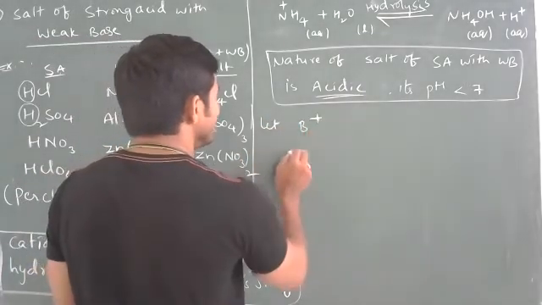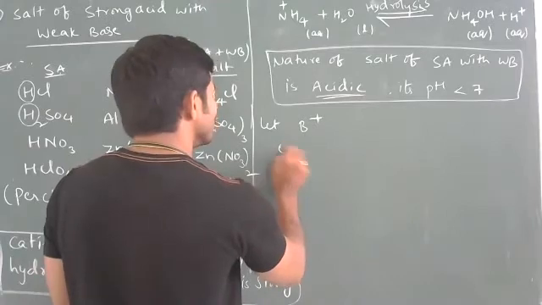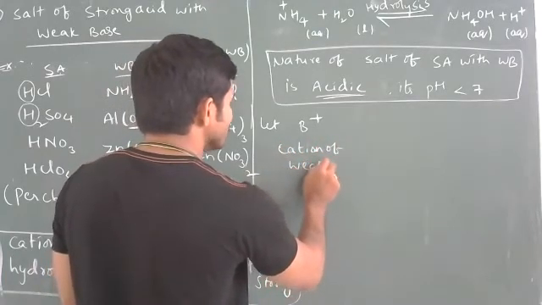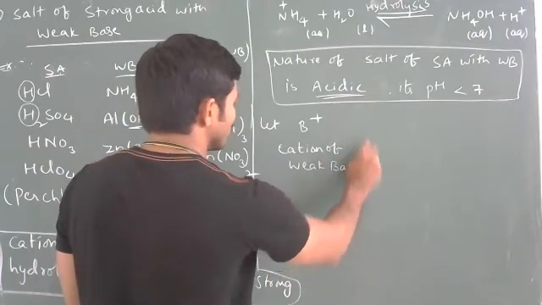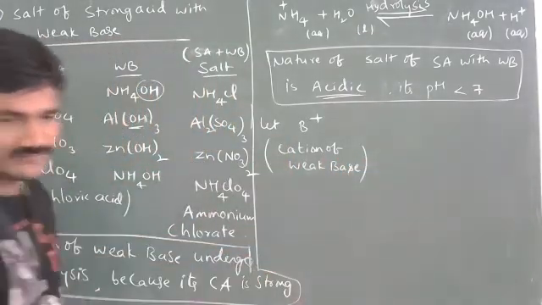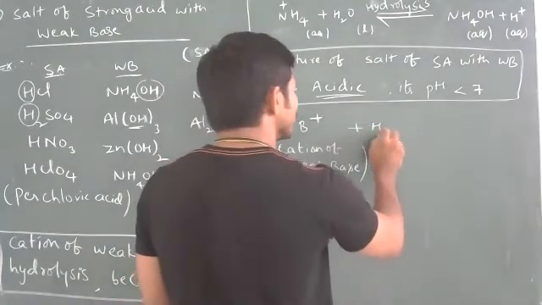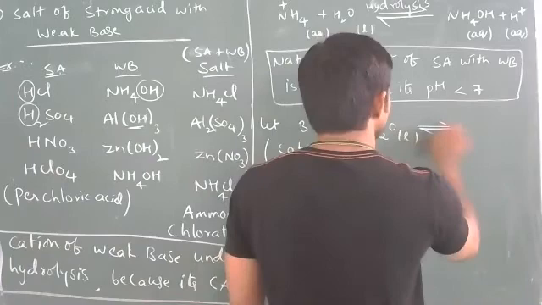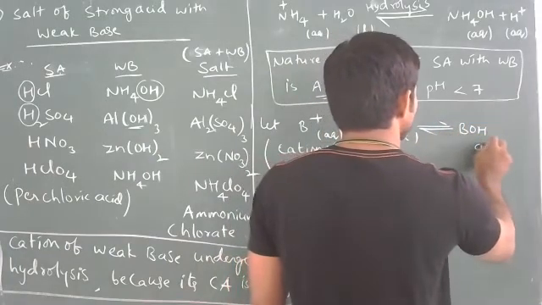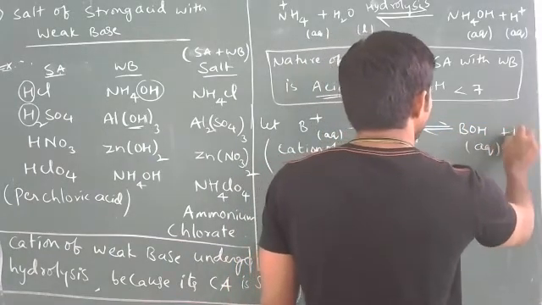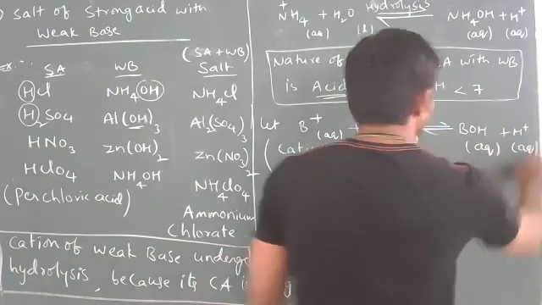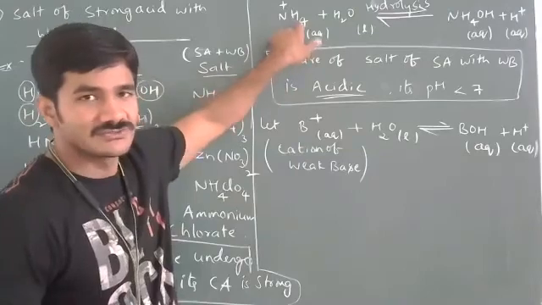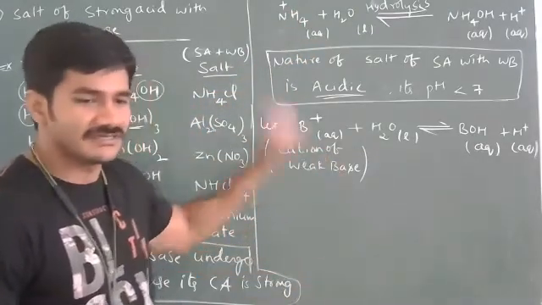Let B plus be the cation of a weak base, which dissolves in water. I mean hydrolysis. So what happens? It forms BOH plus H plus. This is the general reaction, actually the original reaction.